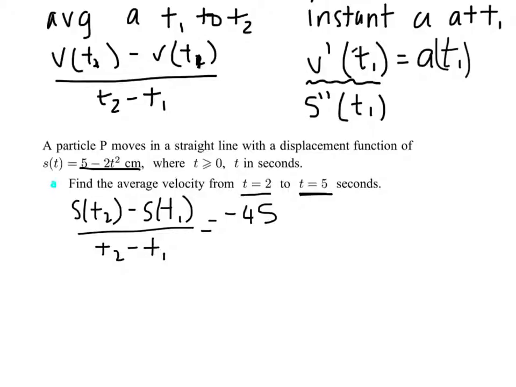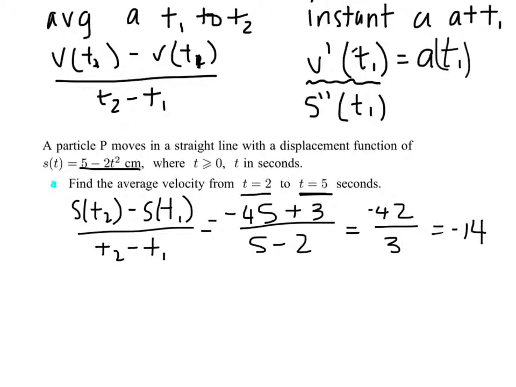And then minus the value at time 2, which is negative 3. So minus negative 3 is the same thing as plus 3. And then we divide it by 5 minus 2. So that gives us negative 42 over 3, which is negative 14, or a decrease by 14 centimeters per second.